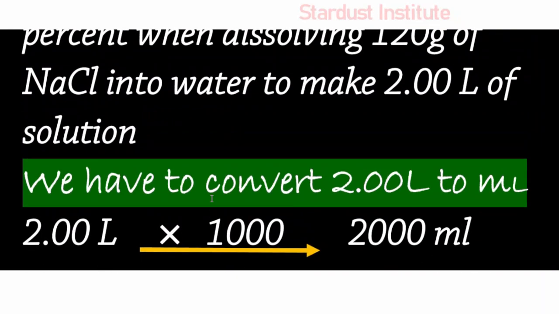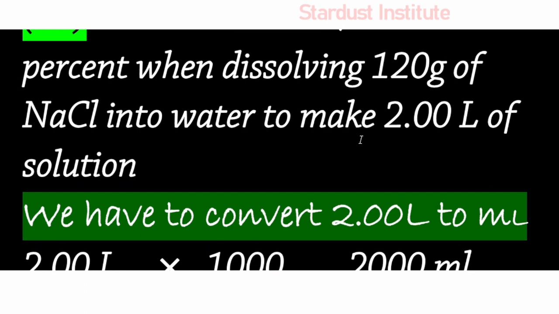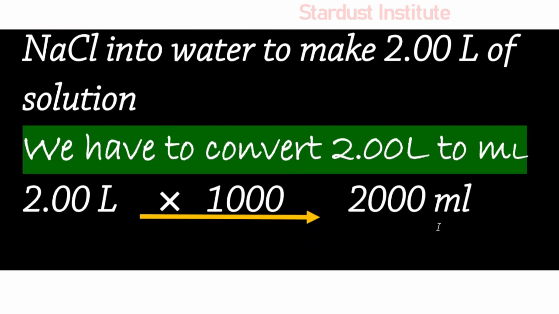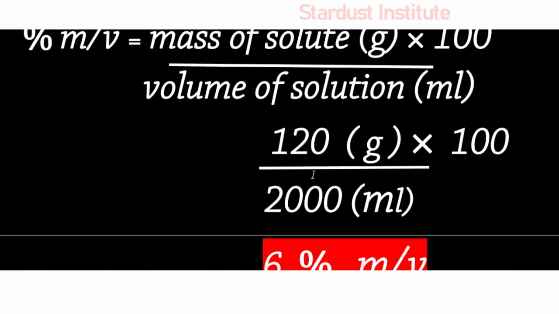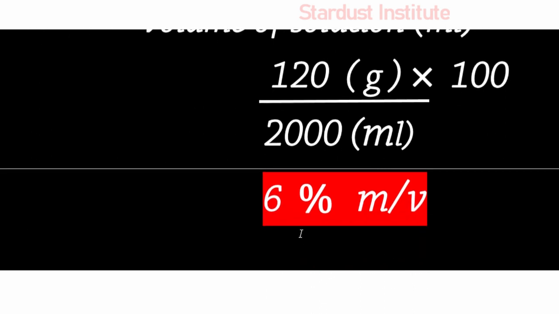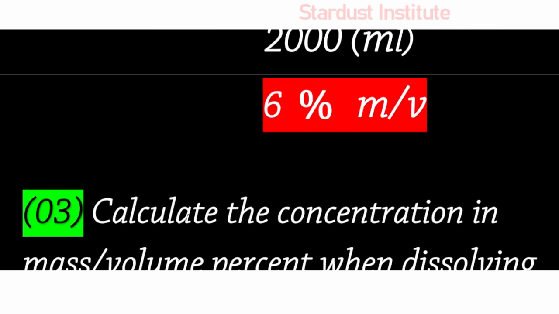And we know volume of the solution, 2.00 liters, means 2000 milliliters. Then 120 grams divided by 2000 milliliters multiplied by 100. By simplifying this, we can get our answer: 6 percent. Next problem.